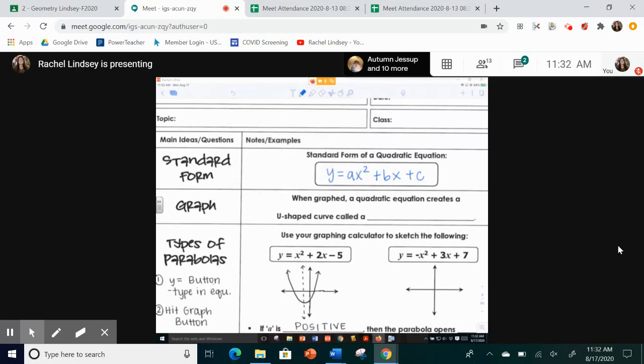Okay, so a, b, and c are just coefficients or just regular numbers. And those are the coefficients of x squared, x, and then your c is your constant. So when we graph a quadratic equation, it creates a U-shaped curve called a parabola.